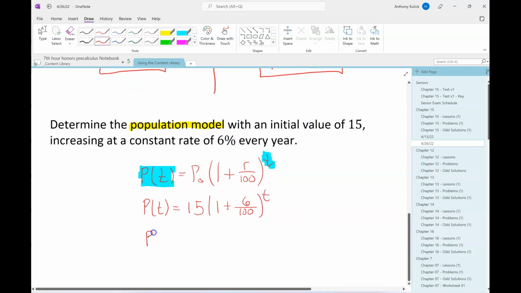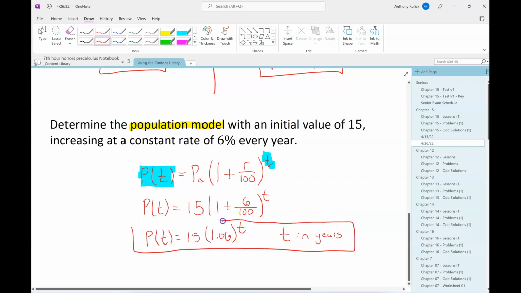And if I wanted to simplify this down, 1 plus 6 over 100 is 1.06. And then we should probably say what unit t is in. We'll write t in years so that it matches the unit on R, right?